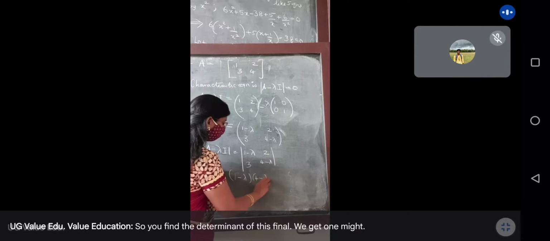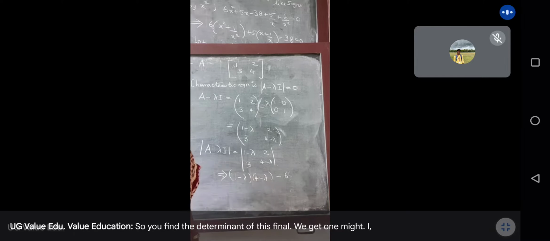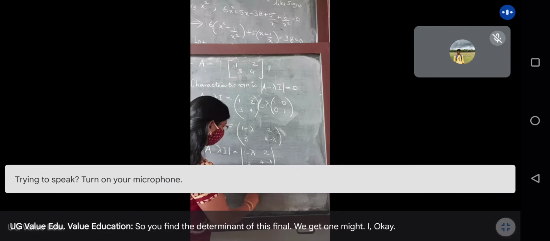This is this minus this. So you get 1 minus lambda times 4 minus lambda, minus 6. Okay? So let us simplify this. 4 minus 4 lambda minus lambda plus lambda square.